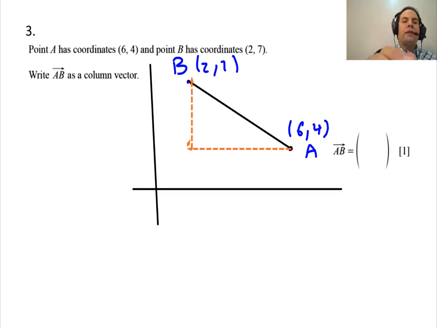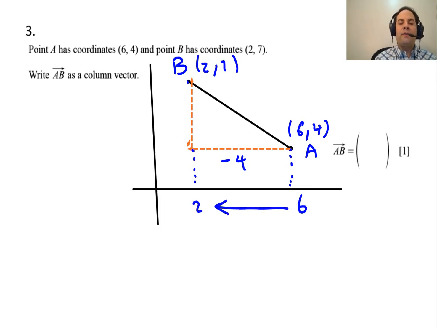How many units moving from A to B? Horizontally, it's 4 units. How? This value is 6 and this point is 2. So from 6 back to 2, it's -4, negative, to the left side.